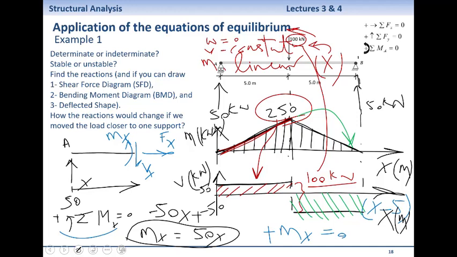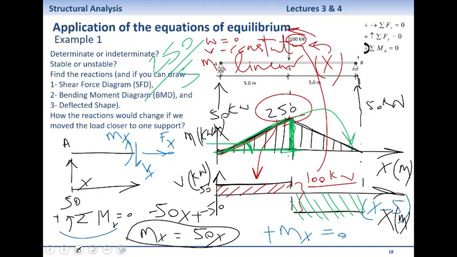What is the slope of the bending moment diagram? What is the slope of that line? 250 divided by 5, which is? Tangent of that line gives us approximately the slope, yes? So tangent is 250, which is here, divided by that length, which is 5, which is 50.